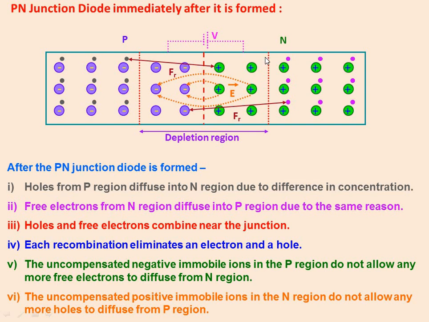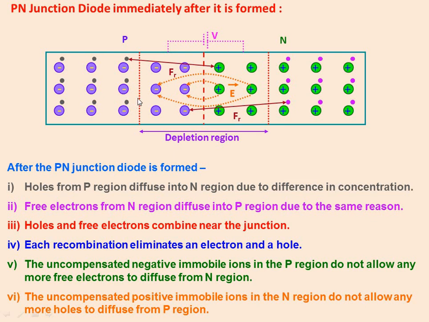This process is known as diffusion. Are we clear with this? This diffusion is due to concentration gradient. Concentration gradient, which means the impurities whatever you are adding, per unit length, is nothing but concentration gradient of that. Due to diffusion, the positive ions are left over in the N region, you can see here, and negative ions are left over in the P region, which is here.